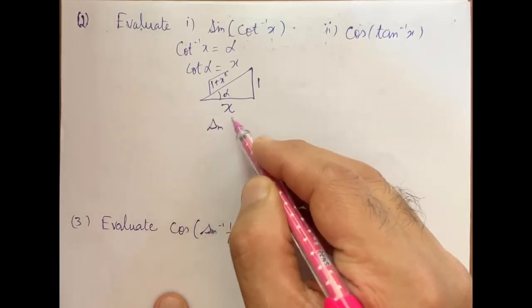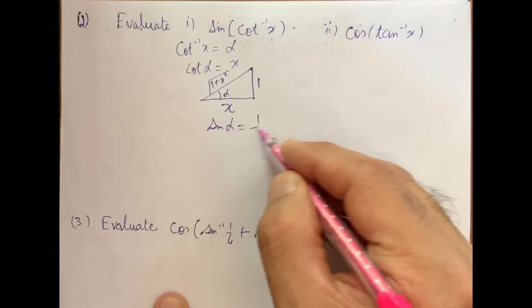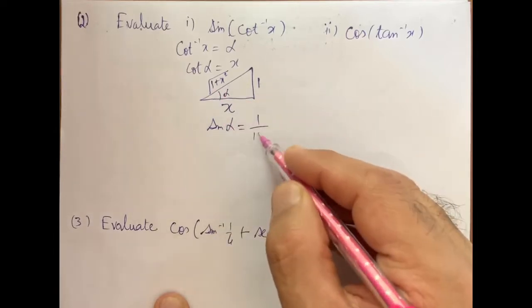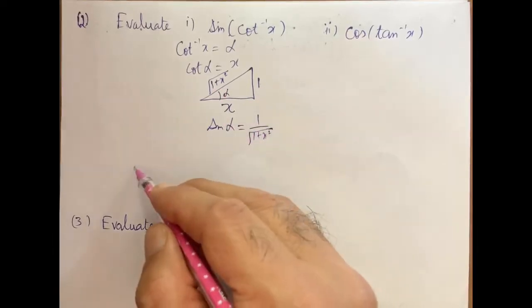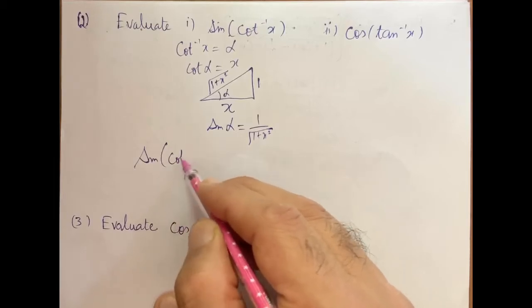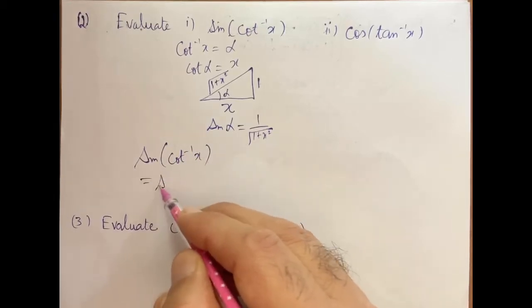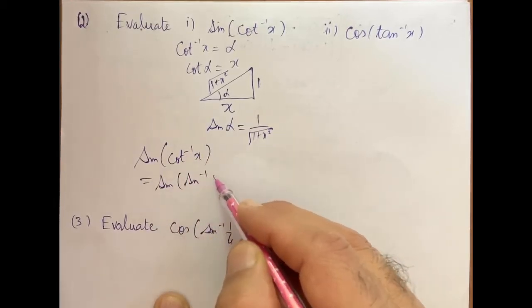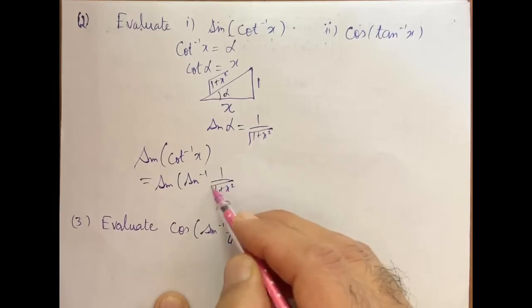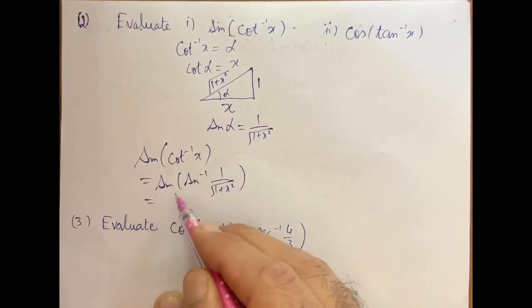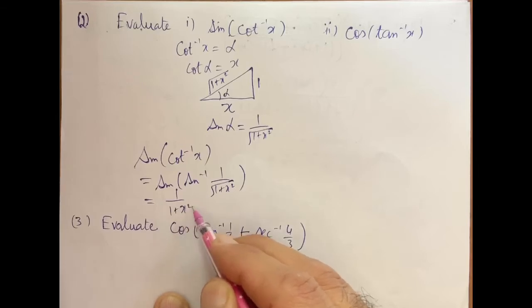What is sine of alpha here? Sine of alpha is perpendicular upon hypotenuse, so sine of cot inverse of x is 1 upon square root of 1 plus x square.